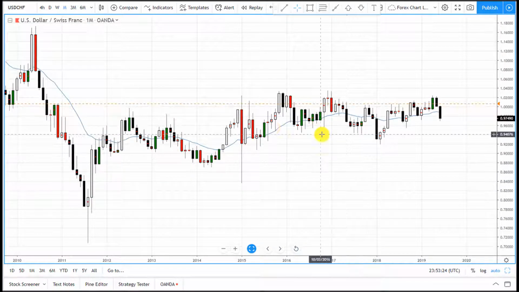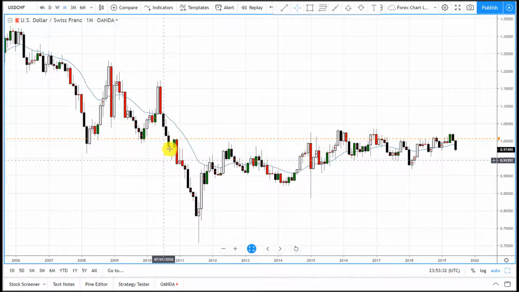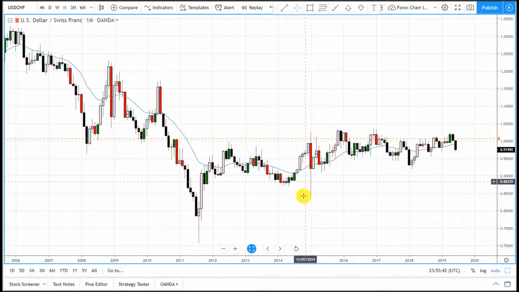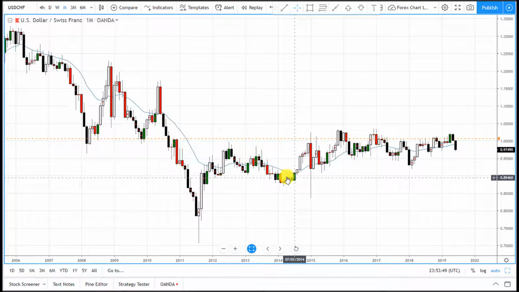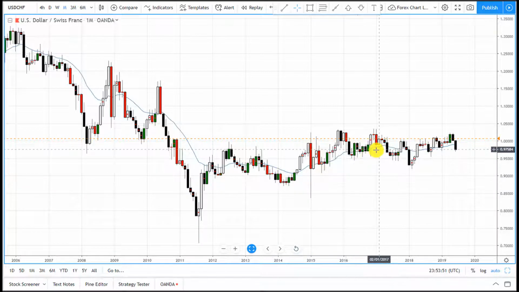So you can see if we zoom out, price is just ranging up and down. This was an area of supply that price held here, and then it finally broke, and it's got this long lower shadow body that took out a lot of weak demand zones.